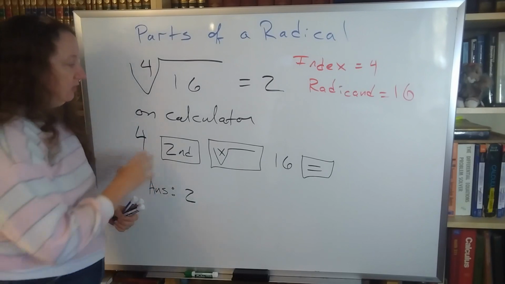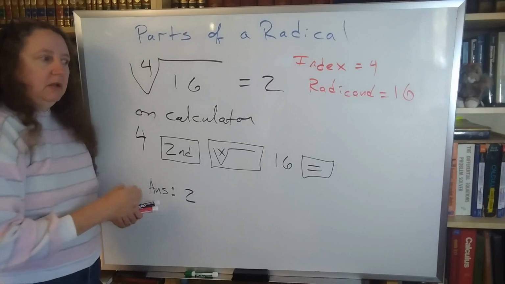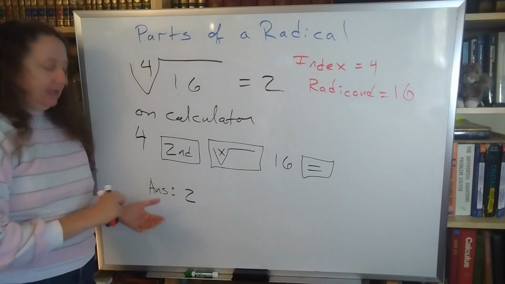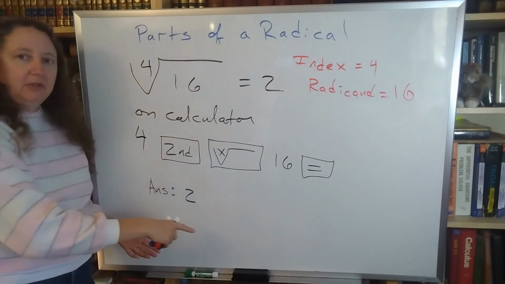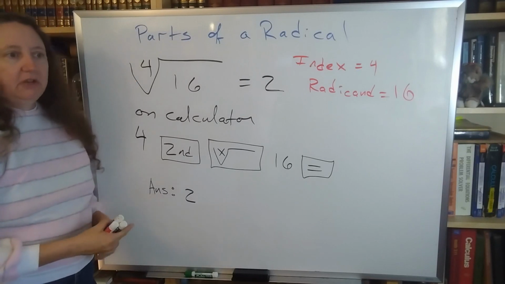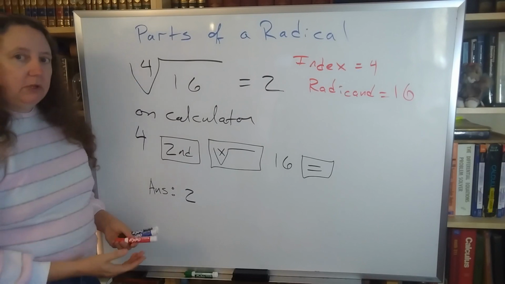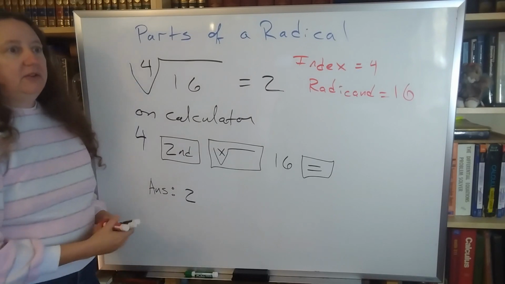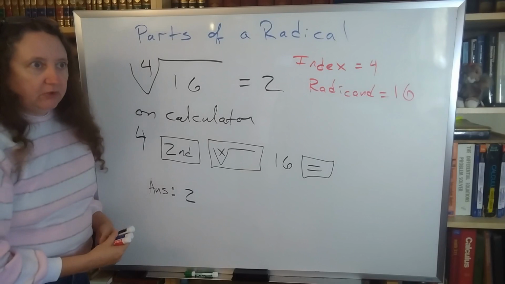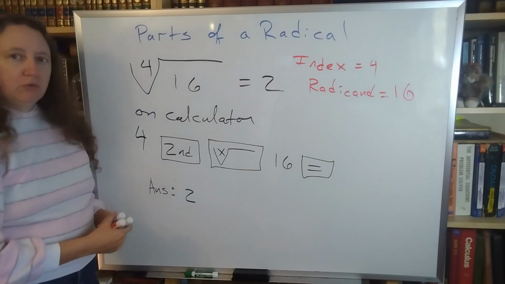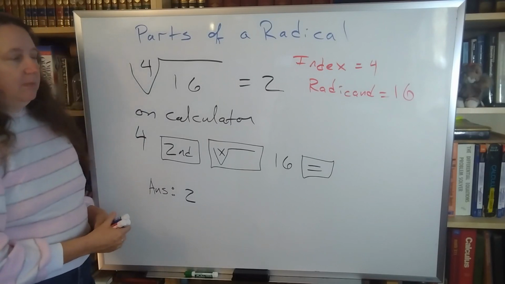And as I said, this is a good thing to memorize so that if you pick up any calculator, you can figure out how to type this in so that you can do it on a test, on a quiz, whatever, spur of the moment. Can you do it on your cell phone? Yes, there is on most cell phone calculators a root button, but not all.